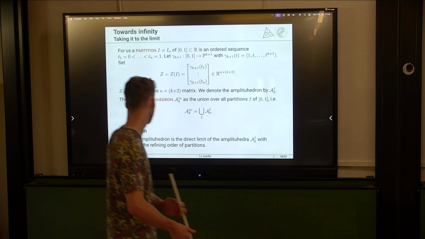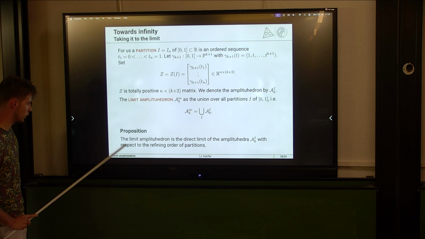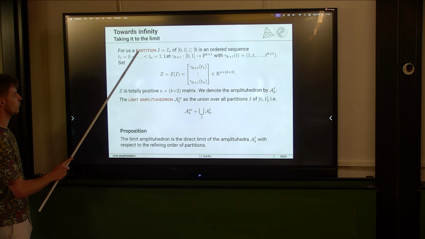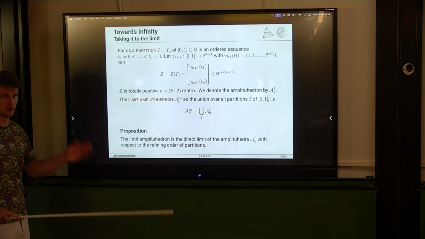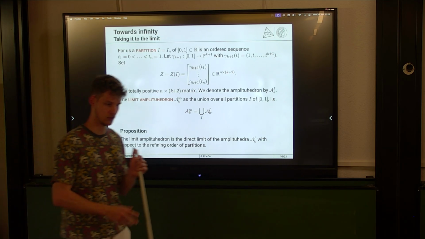However, for the more mathematically inclined readers, another, more rigorous way of thinking about this is that you take the direct limit in the category of topological spaces, where you order with respect to the refining order on partitions. So if a partition is a subset of another one, then it is smaller than the other one.